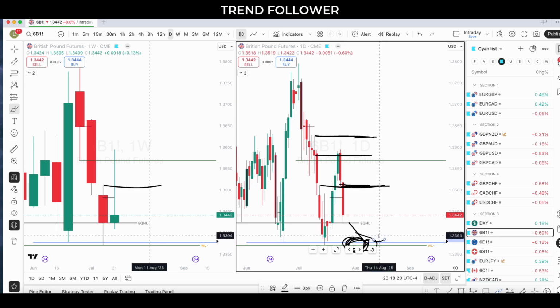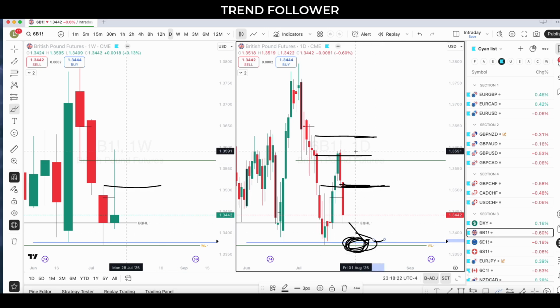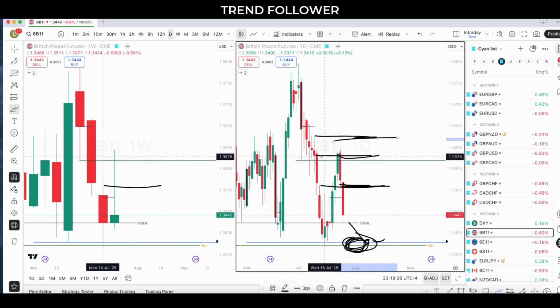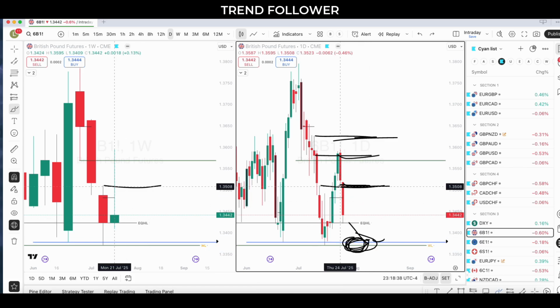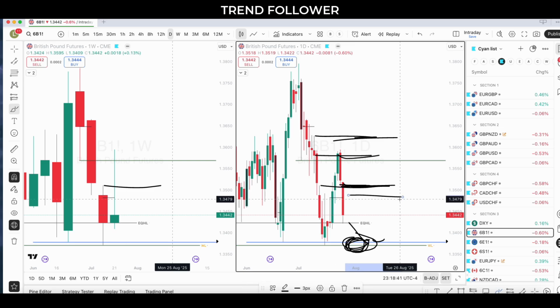Keep in mind that GBP took a daily supply before coming here, right? So it is possible that it does something like this, chops around, comes down, right? So I want to see how the next daily candle is, and if there's a daily FVG, short GBP names from that, and we'll go into that. Okay. So that's my plan on GBP.